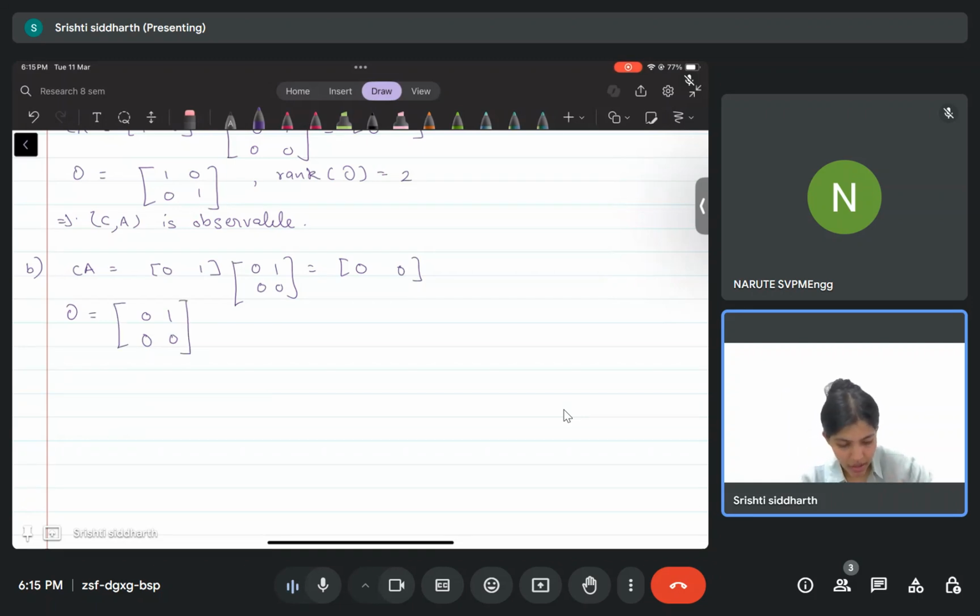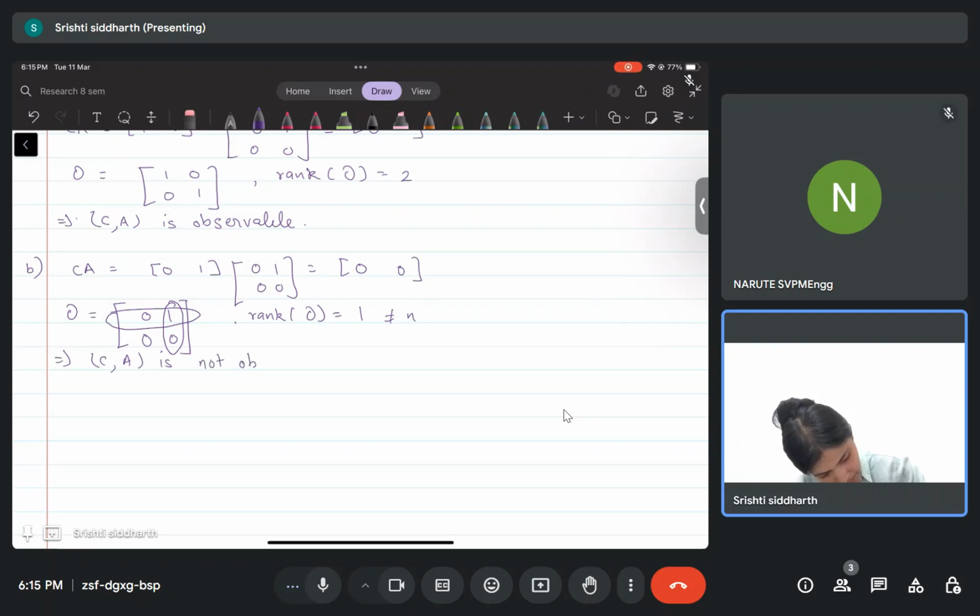You can see that there is only one linearly independent column, or just one linearly independent row. Therefore, the rank of the observability matrix is 1, which is not equal to n, which implies that the pair C, A is not observable if we consider the second state as the output.